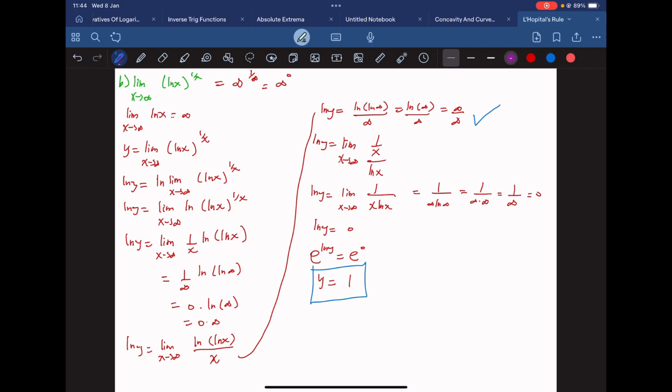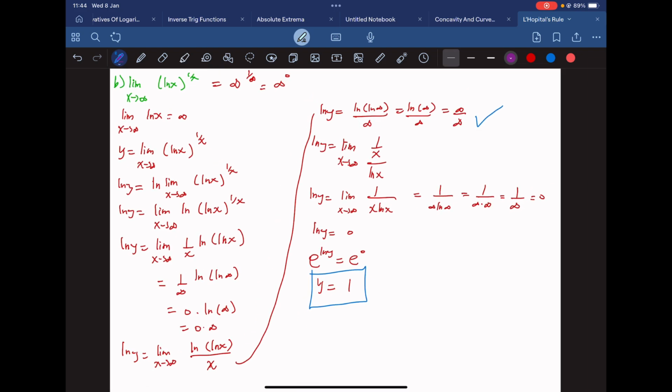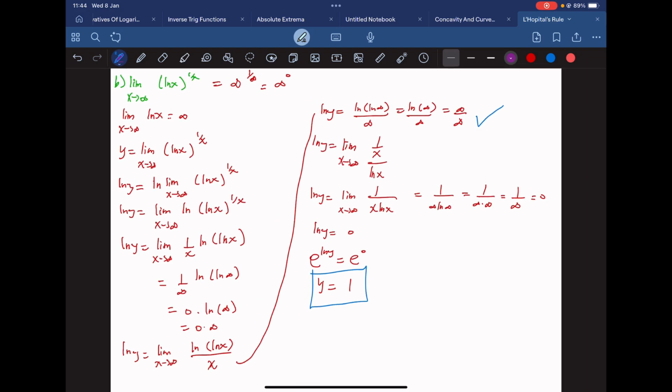Okay, so this is the end, but before I end the video, let me do some recap. So now we've gotten to know that if we have this indeterminate form, you just go straight ahead to differentiate the top and the bottom. If we have this indeterminate form or this indeterminate form, we will rewrite the expression. Remember that.